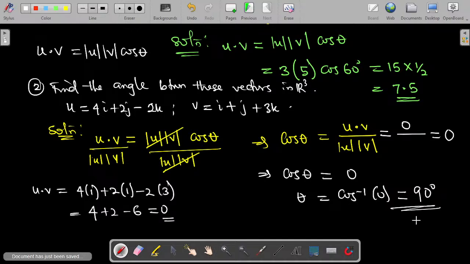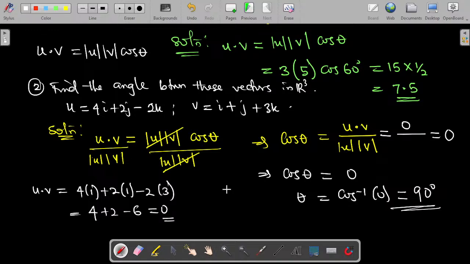Okay, Joyce, thank you very much. Thank you. So the angle between the two vectors is simply equal to 90 degrees. And that's your solution.